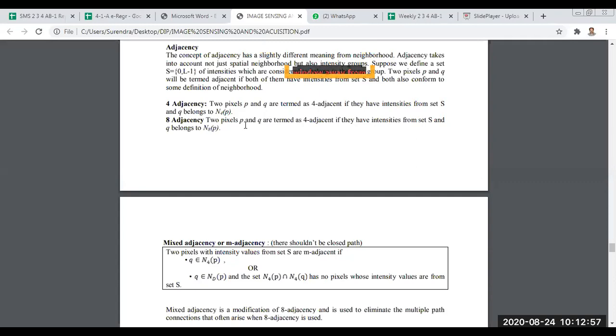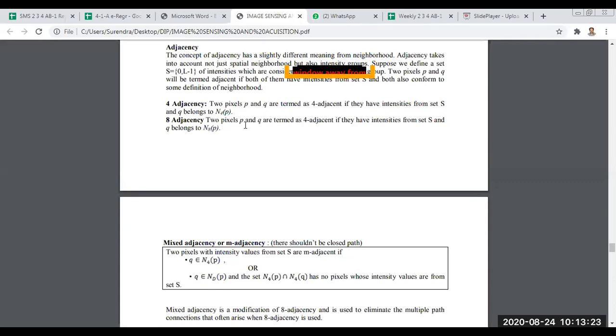N8 of p is the 8 neighborhood of p, but q is not part of the first image. Remember that. In the previous case we were seeing only one image, but in adjacency there is a p in the first image and a q in the second image.